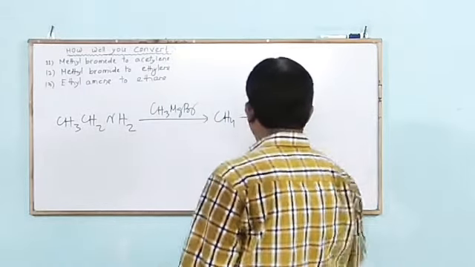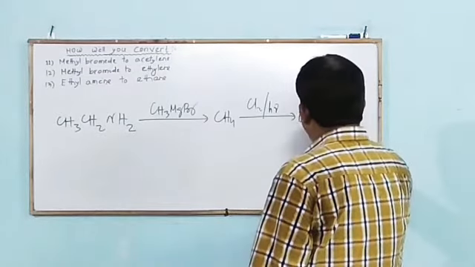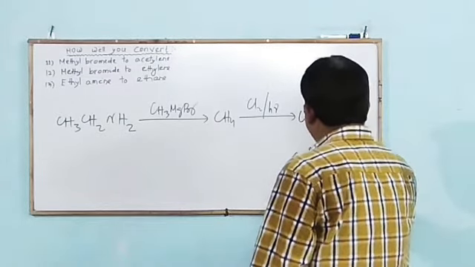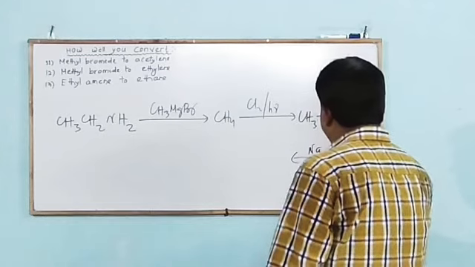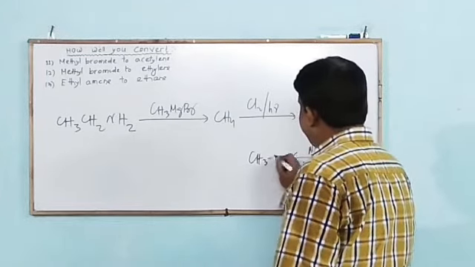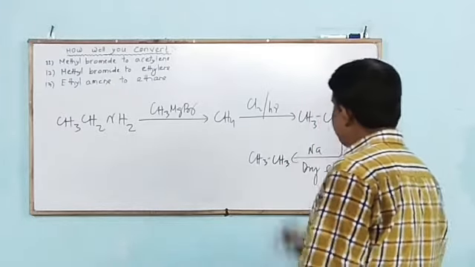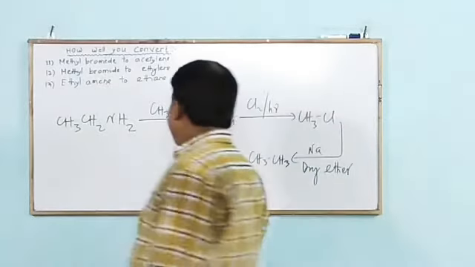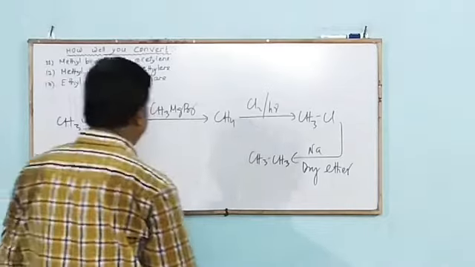Chlorination in the presence of sunlight gives methyl chloride. Methyl chloride reacts with sodium metal in dry ether to form ethane. In this way, ethylamine to ethane.